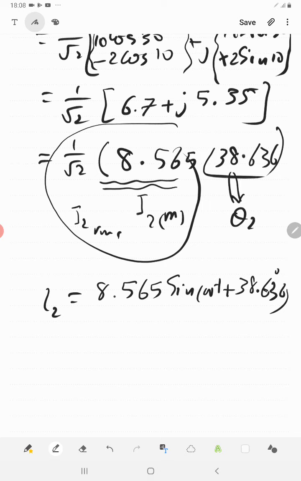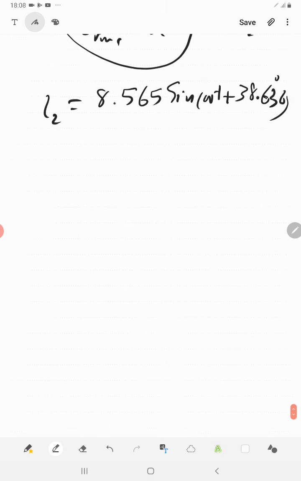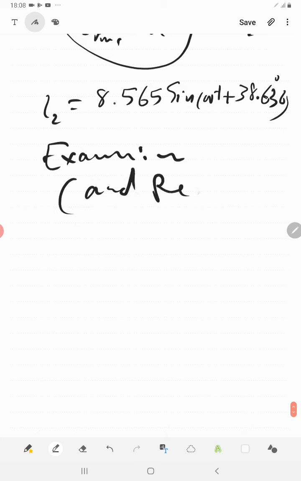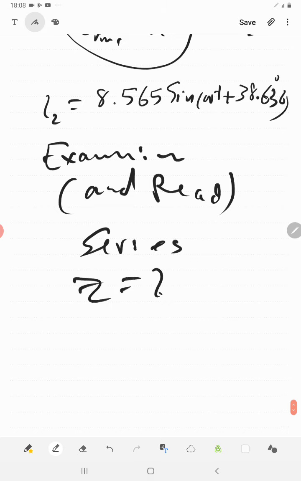You can apply it to KVL or so, you have it in the notes. So I want you to practice these things, practice applying these to phasors. Then examine and read: series, z equals what?